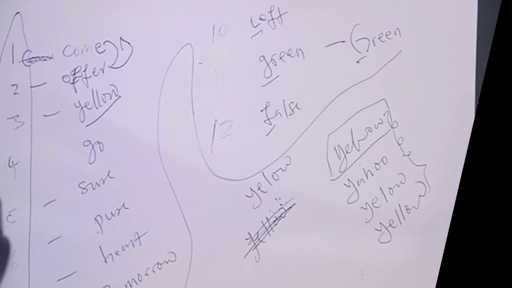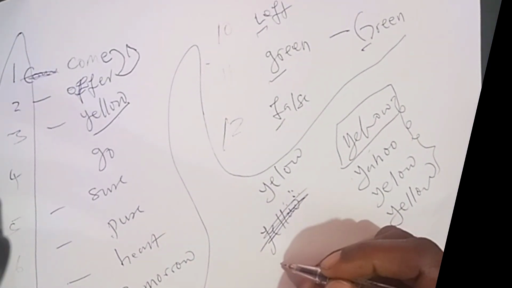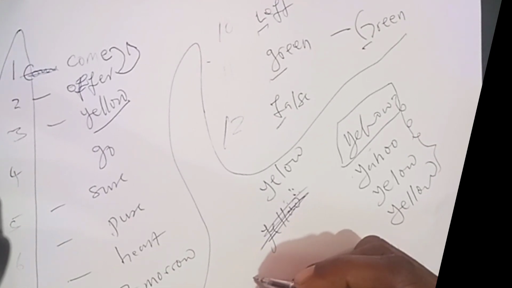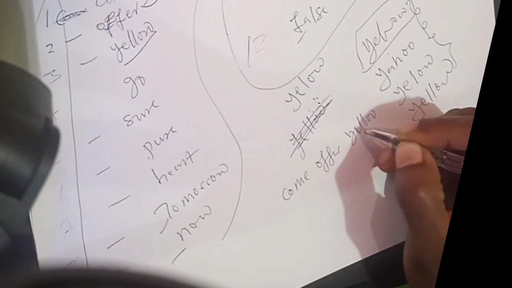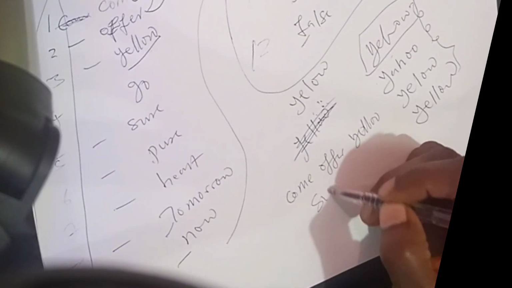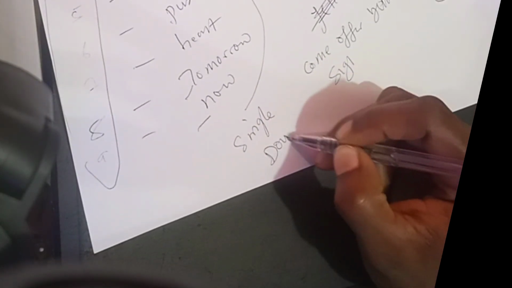All right, then another thing is, while importing your wallet, there's another problem. One problem is, if the words are, let's say, come, offer, yellow, and we want to write them, they are always a single space apart. Let me bring it. They are always a single space apart, not double space.